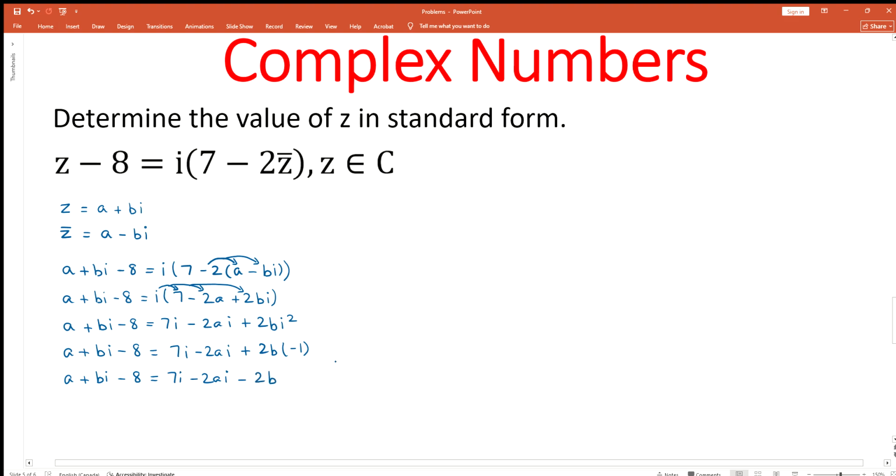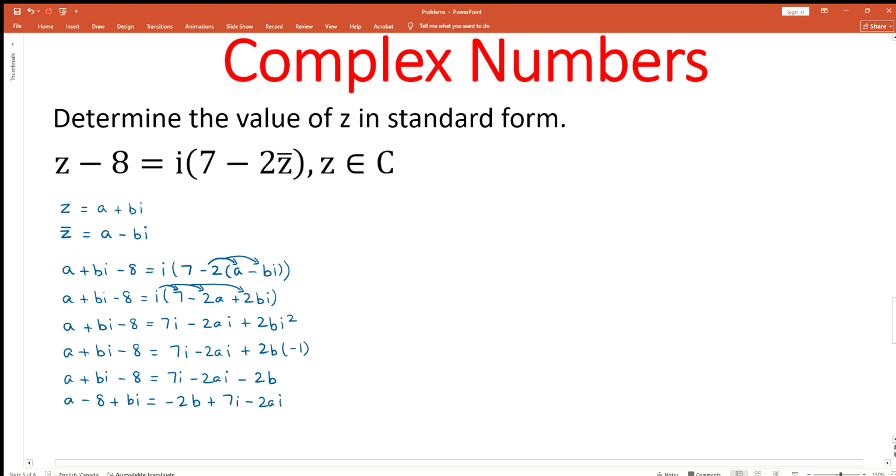In this step, we have a complex number on both sides of the equation. We can rearrange the terms to write them in standard form. On the left side, a and negative 8 are real terms, and bi is the imaginary term. On the right side, negative 2b is the real term, and 7i and negative 2ai are imaginary terms.